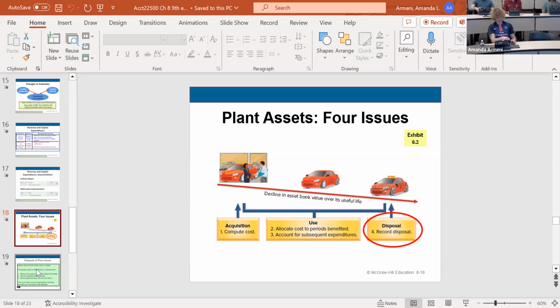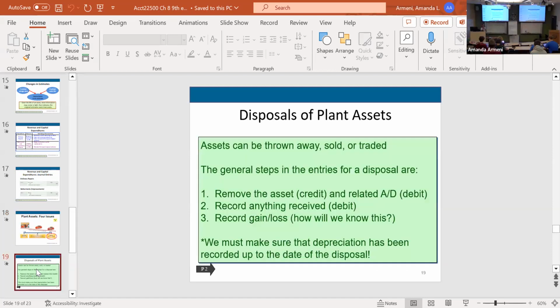So here's where we're going to talk about those wins and losses. Disposing of an asset is going to have an impact in our accounting records. If you are no longer using an asset to help you generate revenue, remember, accounts receivable, inventory, supplies, land, buildings, all of these things we own and benefit from having.